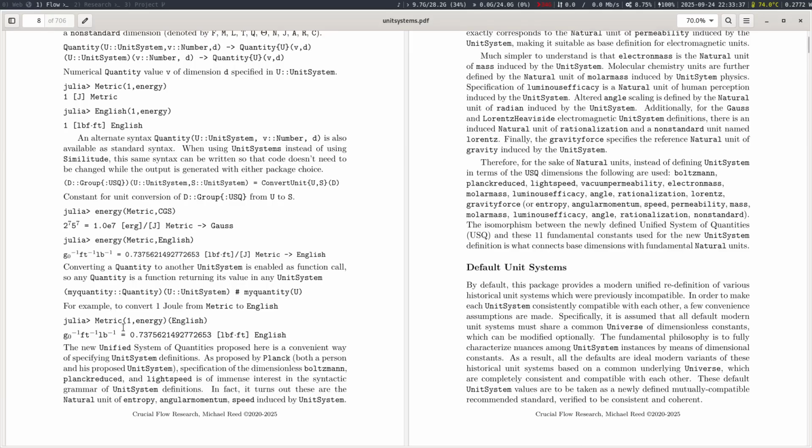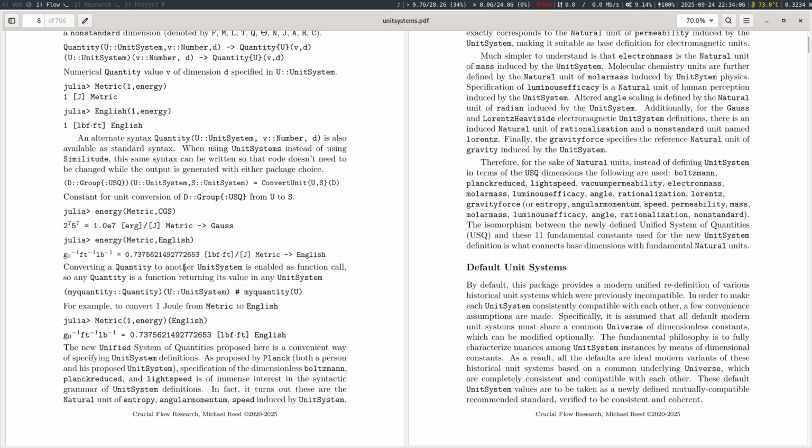Yeah, so the application of these is of course for unit conversion. So this tells you how you can convert ergs to joules from the metric to the Gauss system with 10 to the 7 basically, or convert energy from the metric to the English system.